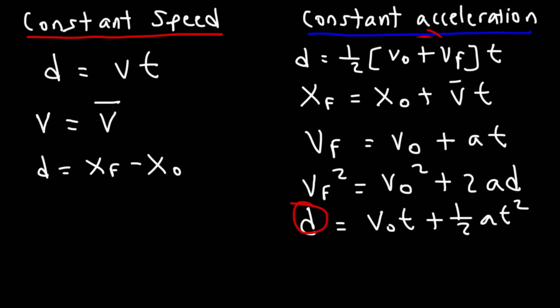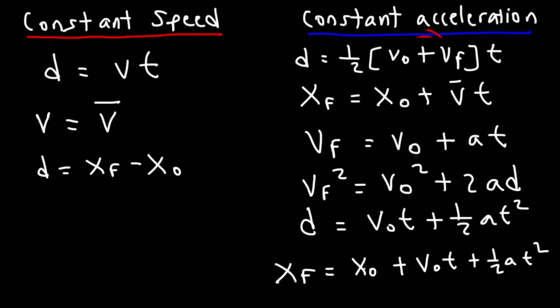So if we were to substitute x final minus x initial for D, and then move x initial to the right side of the equation, we'll get this equation. Final position is equal to initial position plus V initial t plus 1/2 AT squared.